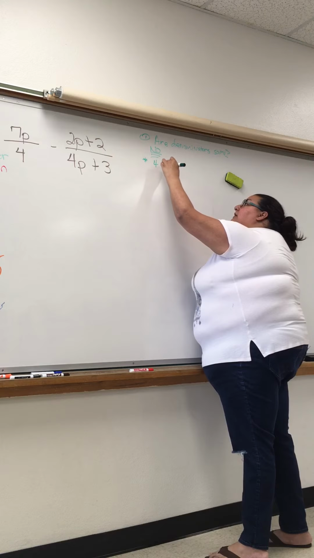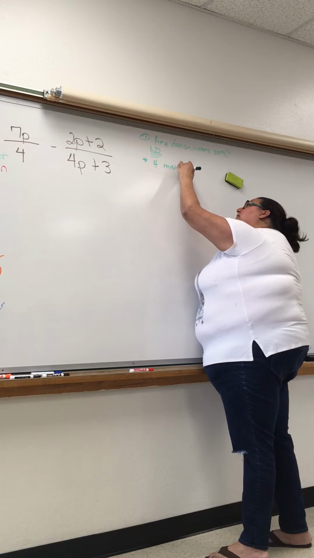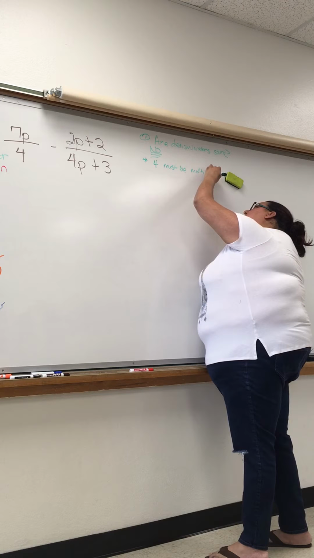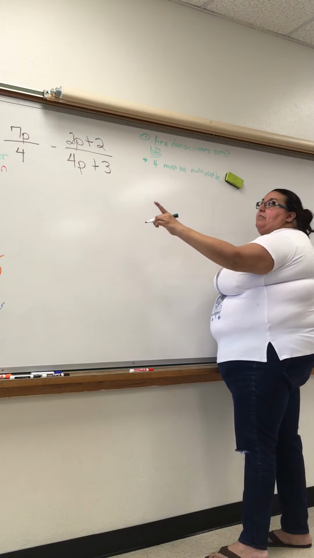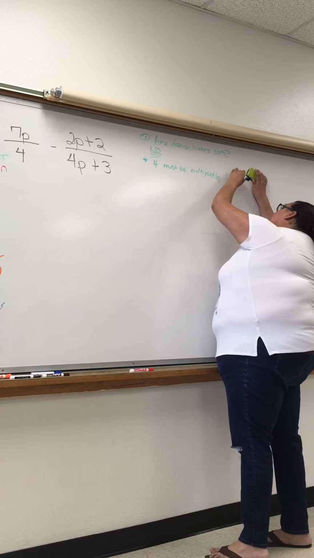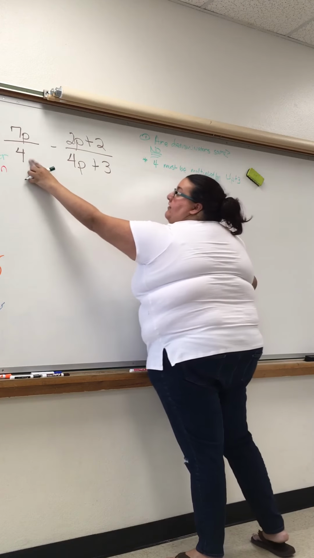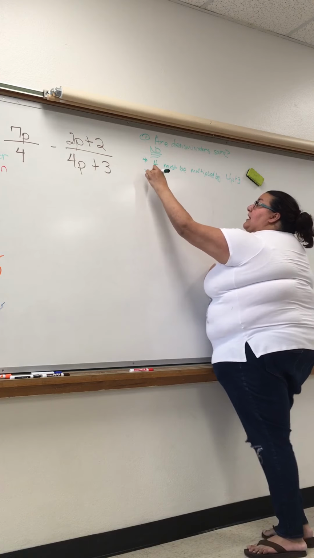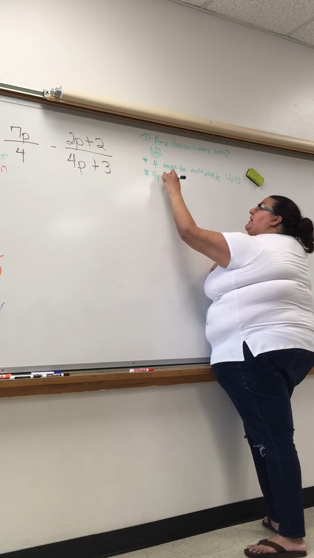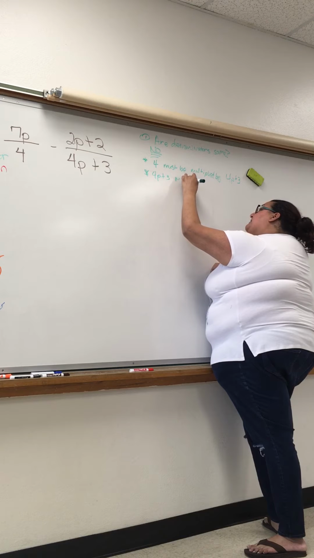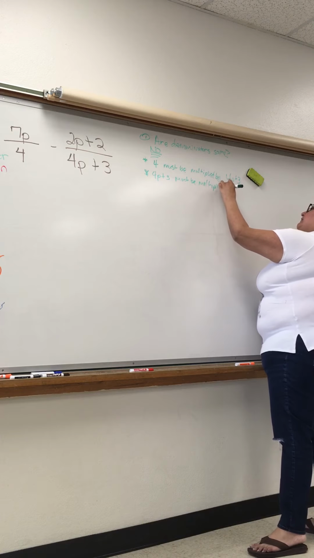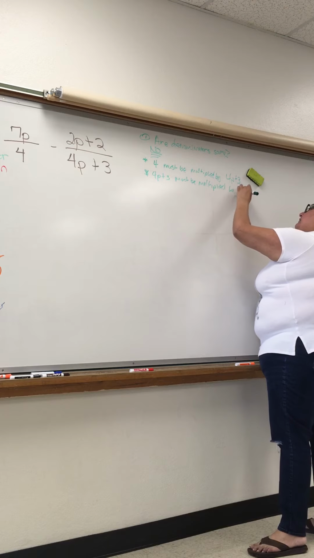So 4 must be multiplied by 4p plus 3. So this denominator 4 must be multiplied by this 4p plus 3. And 4p plus 3 must be multiplied by 4.